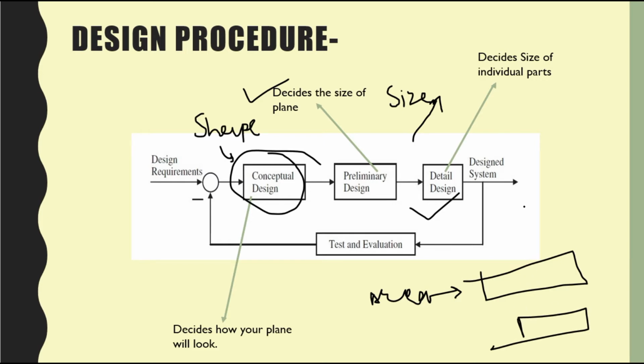How it will be in length and in width will be decided in the detailed design phase. So the detailed design phase concerns a particular part of the plane. Individual part design takes place in this detailed design part. So this is how the aircraft design procedure is divided, and I hope you have got at least the procedure.